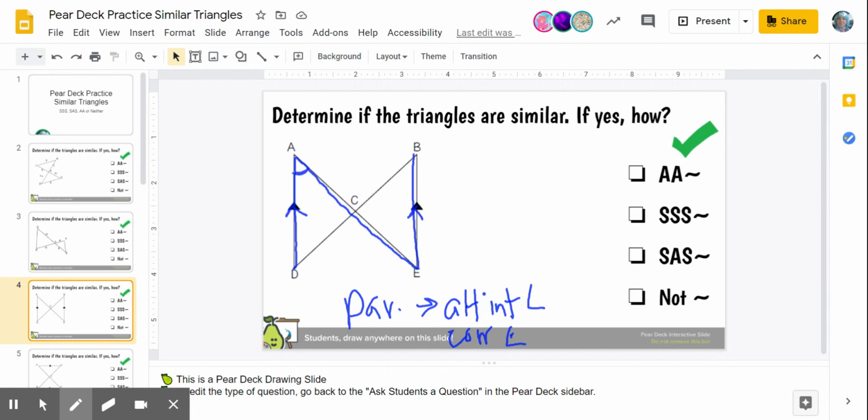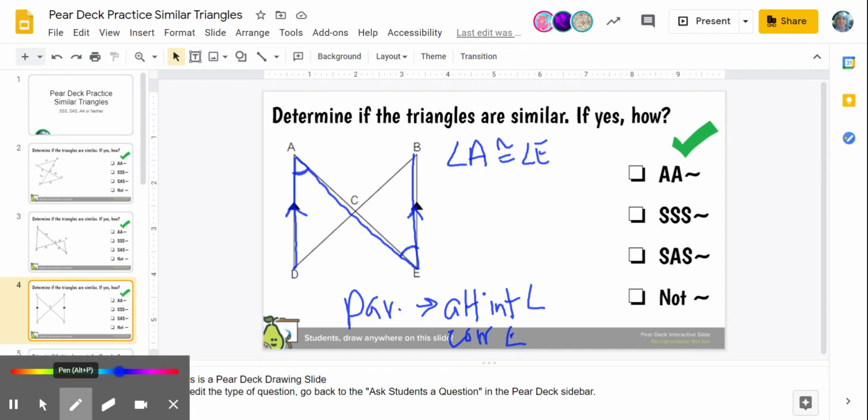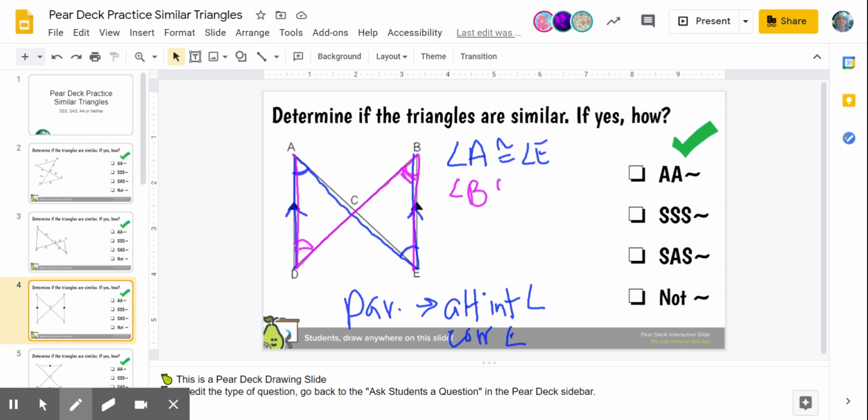So angle A and angle E are congruent, right? Angle A is congruent to angle E. So I have one set of angles. Then I can go the other direction and go parallel line, transversal, parallel line, and angle B is congruent to angle D. Angle B is congruent to angle D.